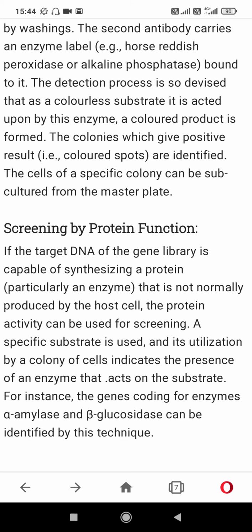A specific substrate is used, and its utilization by a colony of cells indicates that the enzyme is acting on the substrate.